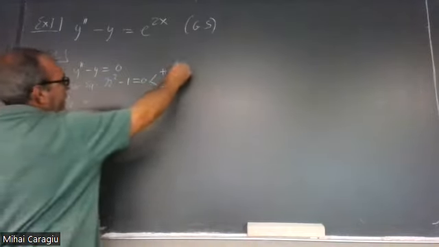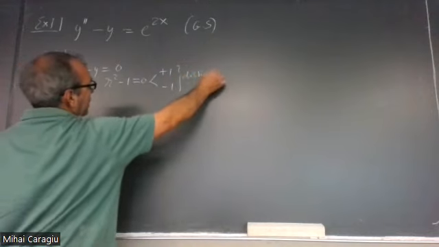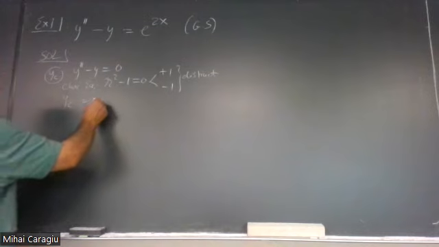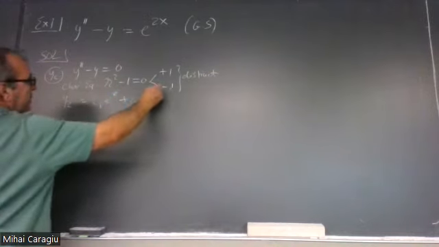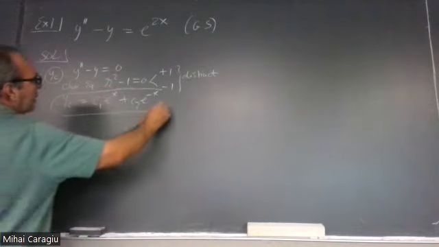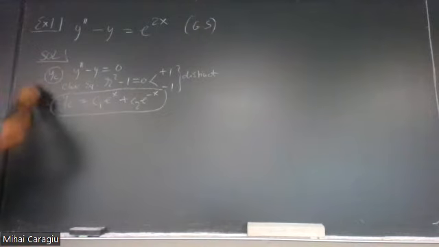Characteristic roots are +1 and -1. So y_c, given the characteristic roots 1 and -1, which are distinct, will be c1 e^x + c2 e^(-x). This is the general solution of the homogeneous analog of the non-homogeneous equation. So that's step 1.